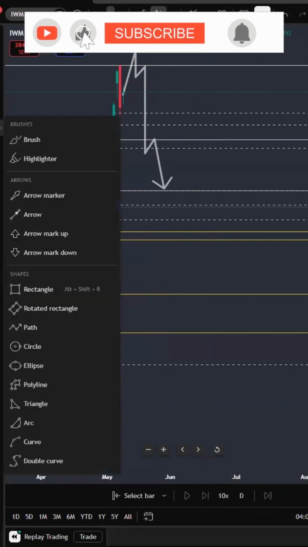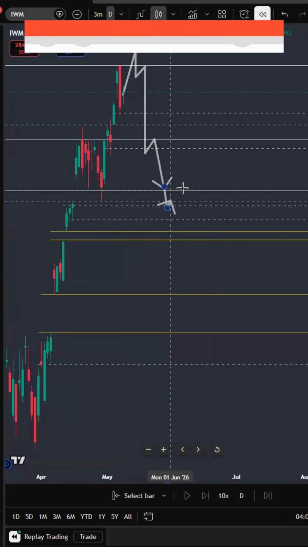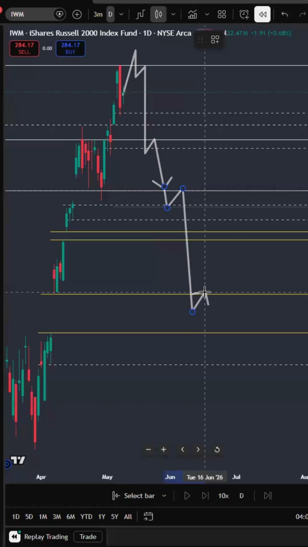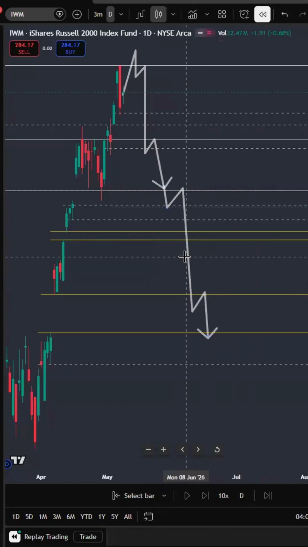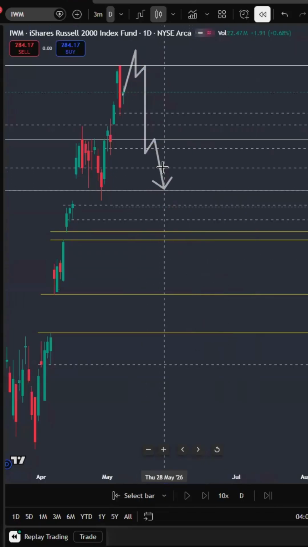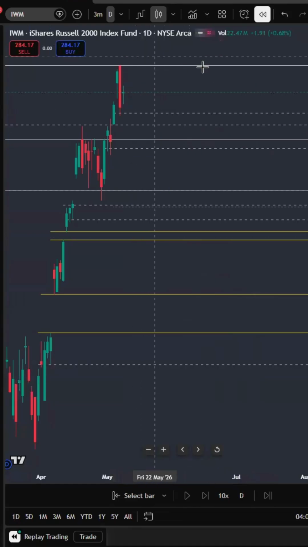So at that point, we'd be looking for shorts instead of longs. And we'd probably be looking for setups to come down and start filling these gaps below. Any lower highs into the gaps, we'd probably want to try and catch the gap fill trades. So that is how that structure works.